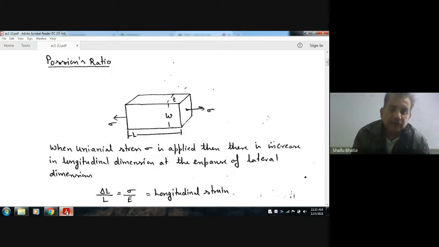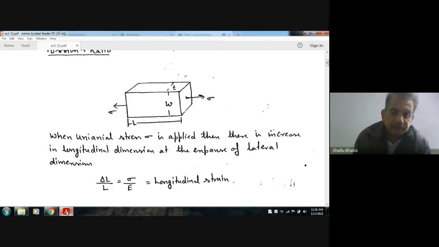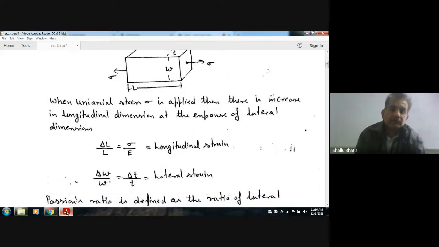But this increase in length will be at the cost of a decrease in width and a decrease in thickness. So the decrease in width to width, and decrease in thickness to thickness, happen in the other directions in which the stress is not applied. This is called lateral strain, and it is due to sigma only.